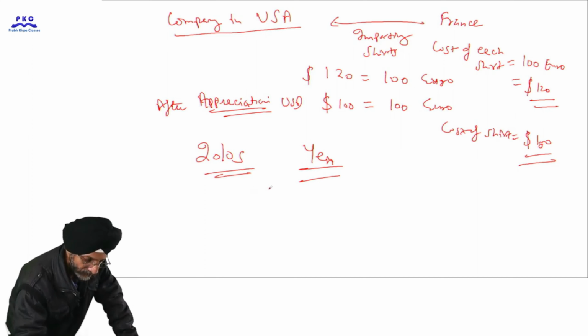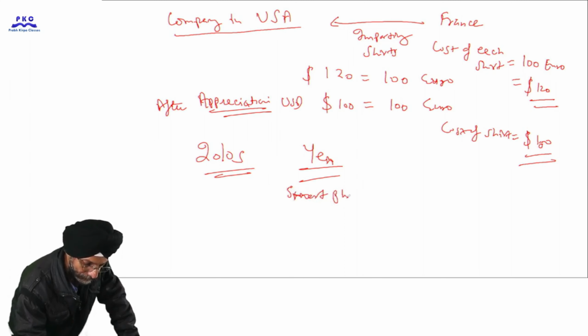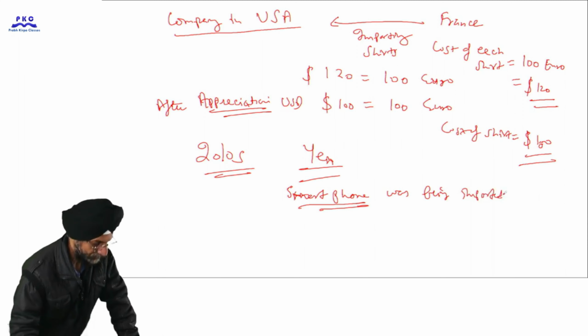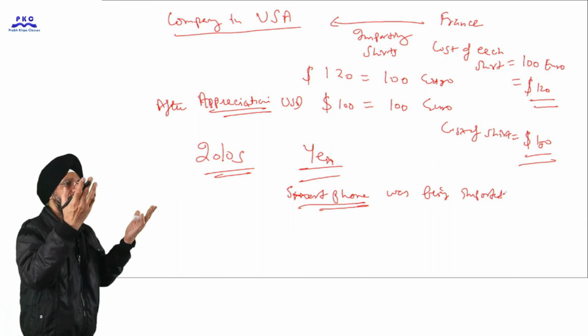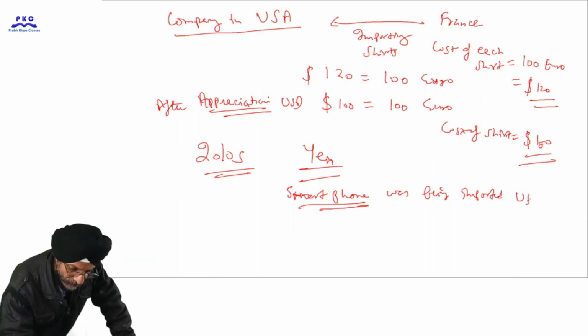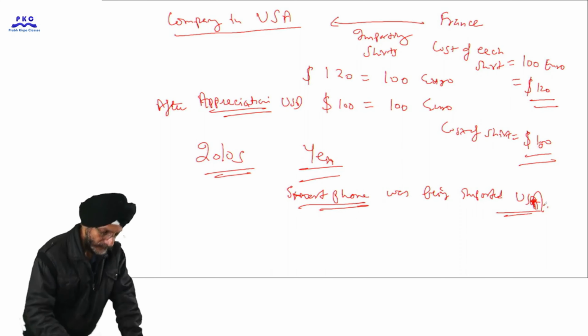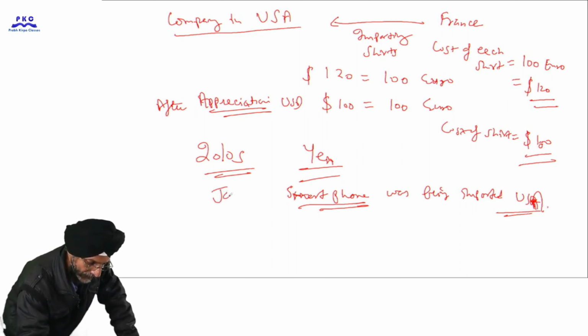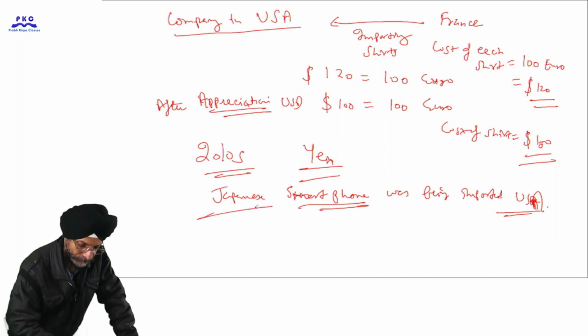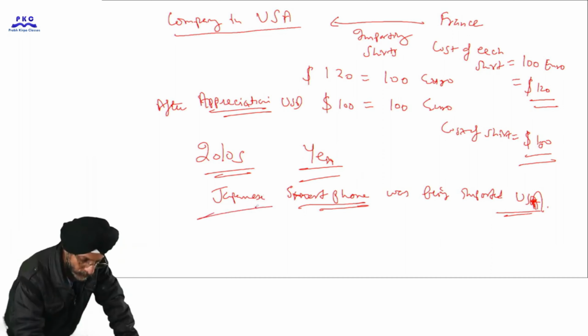Suppose a popular smartphone was being imported from, say, USA. Japanese people are importing smartphones from USA.